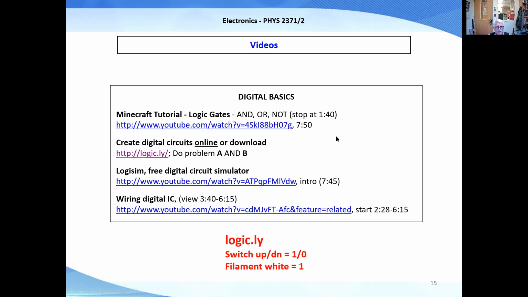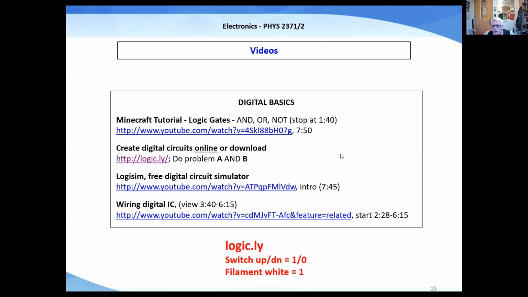Okay, so Minecraft. Let's take a look at this. This is a really interesting little piece of software. Logically, you can download a free trial, or you can just try it online. Hold on here. Let me share it.